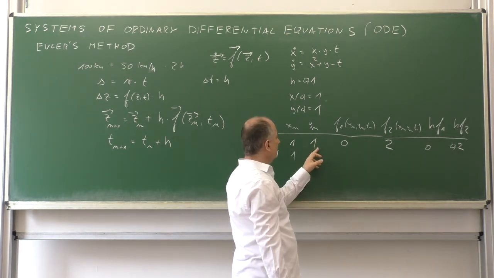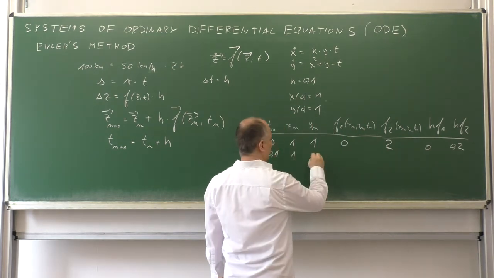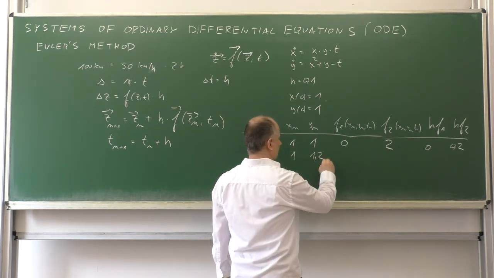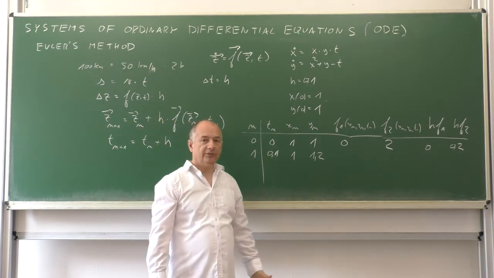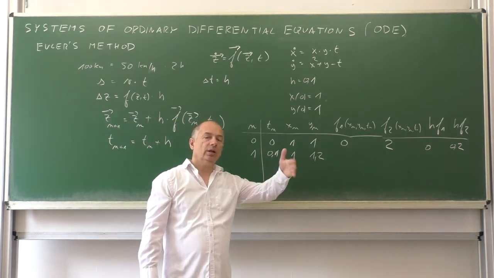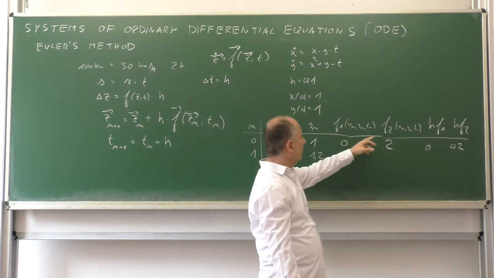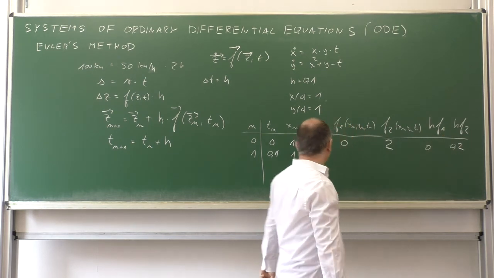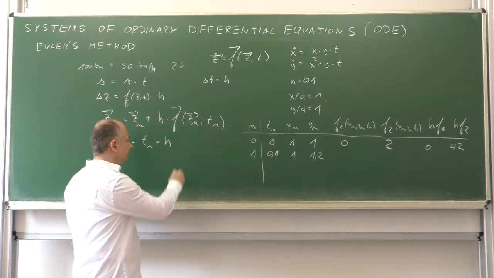And we increment y by this value. 1 plus 0.2 is 1.2. And this completes the first step, and we can go on. We can compute again by evaluating the right sides, multiplying by the step size, and adding to the previous value, and so on and so on.